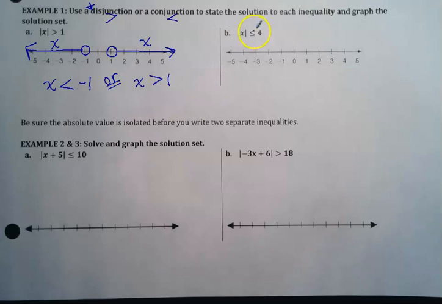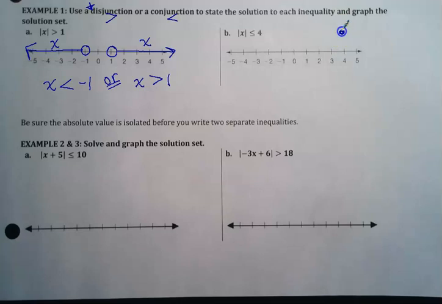Perfect. B is a less than or equal to, so it's going to be a conjunction. So we're looking for some intersection. So x has to be less than or equal to 4. We're going to go at 4, less than or equal to, so it's going to be solid. And actually I should have graphed that up here. I try to graph my rough draft up above.